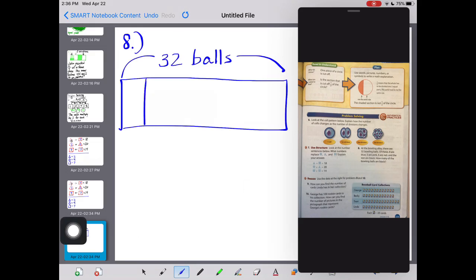It says that 8 are blue, so let me put 8 are blue. And then it says 5 are pink. Okay, 5 are pink. And 6 are red. 6 are red. So that means the rest are black.